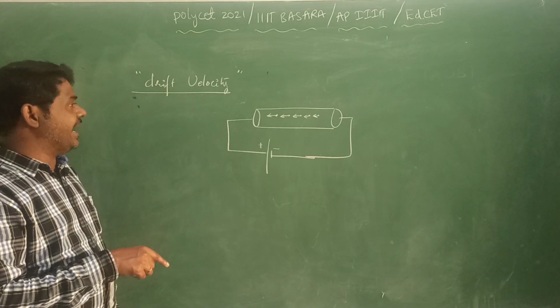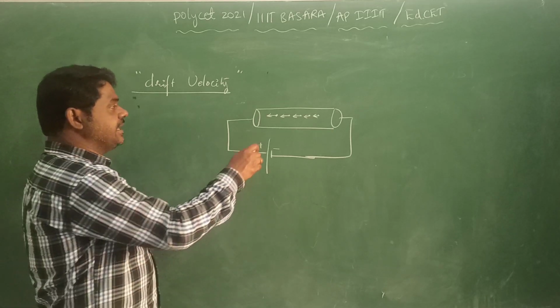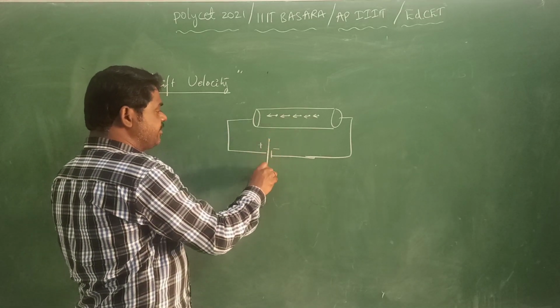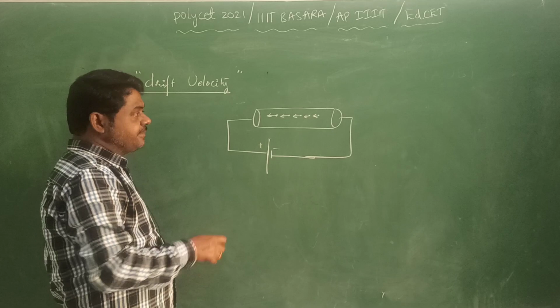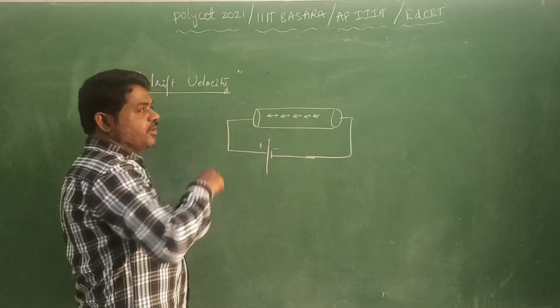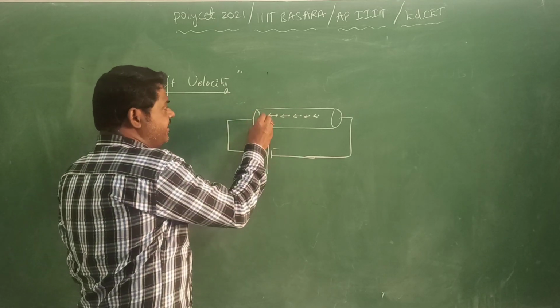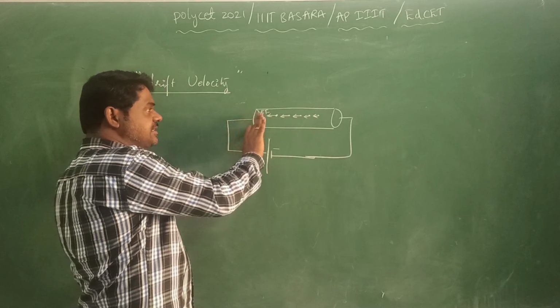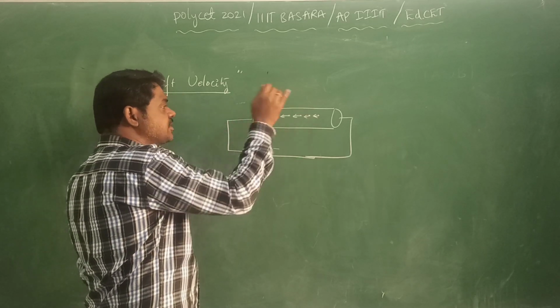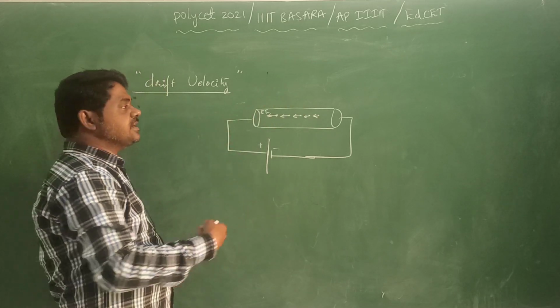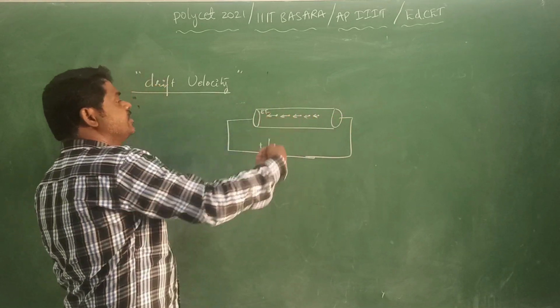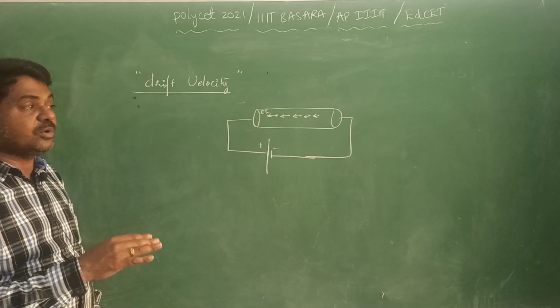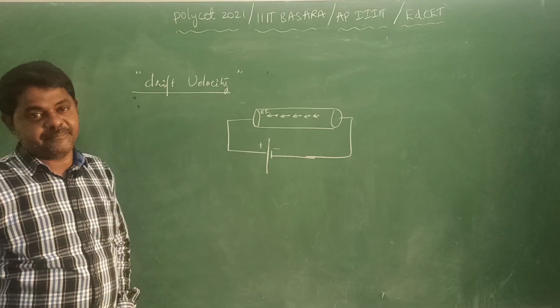The velocity acquired by these electrons when it is connected to a battery, that means an electric field is going to develop within the conductor, and that electric field is going to apply some force on these charge carriers. Because of that, these electrons are going to move in an orderly way, that too with a very slow speed.